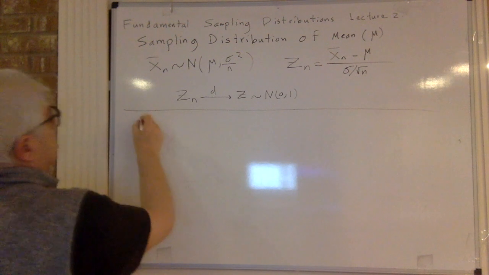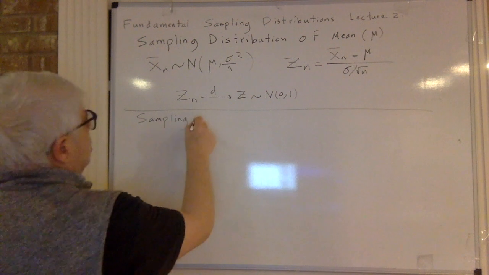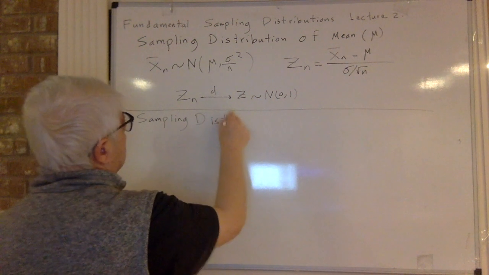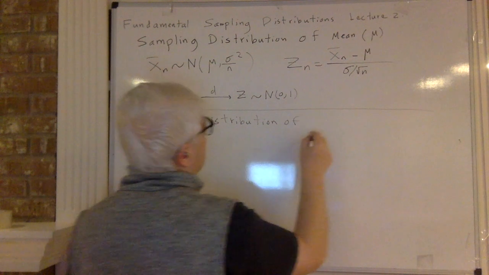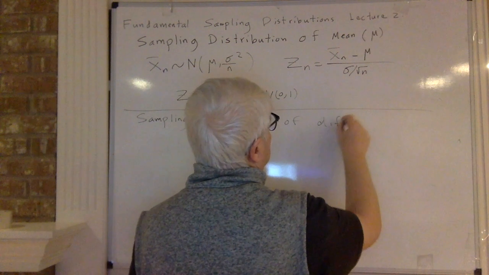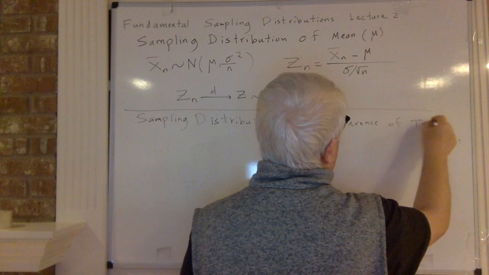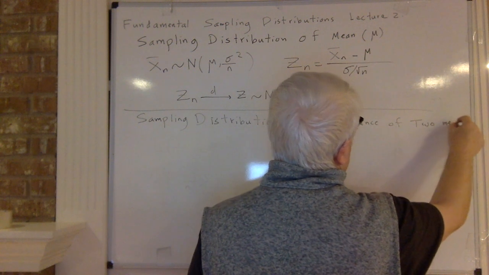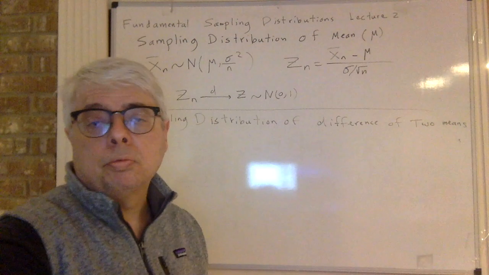The other one is sampling distribution of difference of two means. Okay, so sampling distribution of difference of two means.